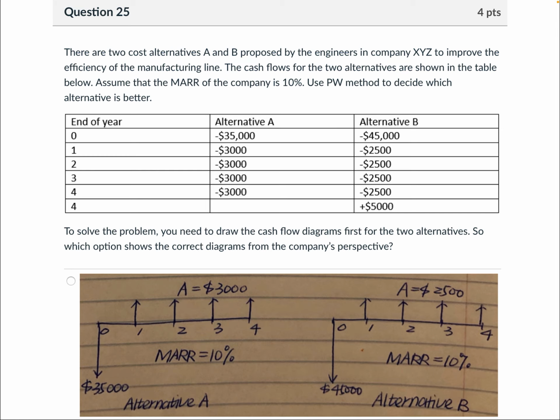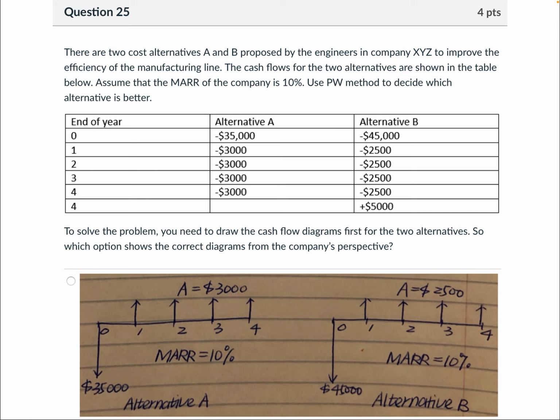And for year 1, year 2, year 3, and year 4, at the end of every year, you're gonna spend another 3,000. Oh, it looks like all the cash flows are negative, which means it's a cost problem. Okay, so you might have two negative present worth at the end, and you want to choose the less negative one as the better solution.